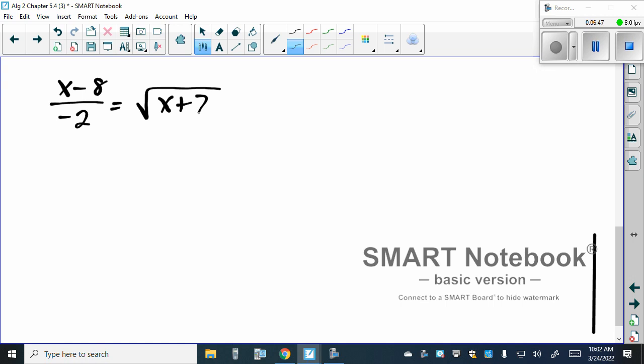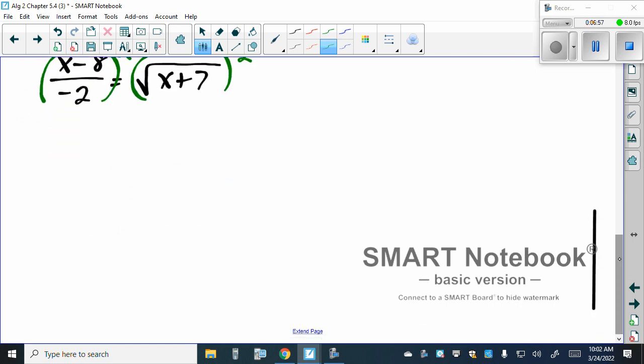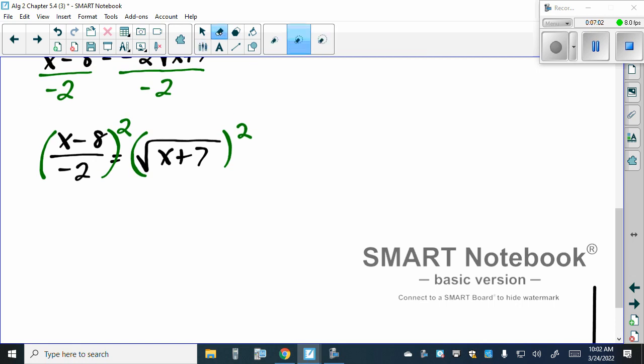Well, to simplify this radical, we need to square both sides again. Yes. Over here? We could, yes. Because what we could say instead of this here is that it is negative x plus 8.